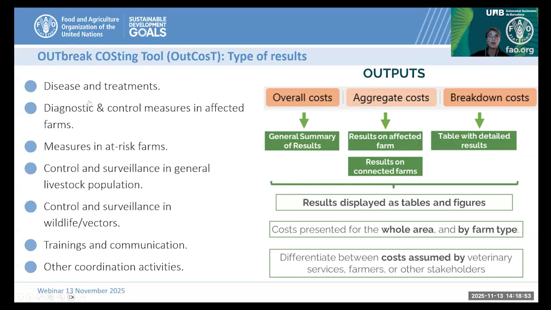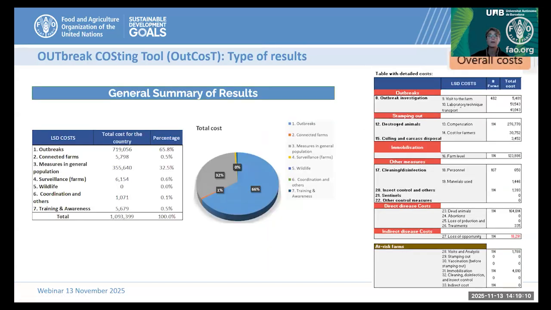The results are also aggregated in thematic blocks: the direct impact of disease, including treatment, diagnostics, and other measures in the affected farm, and so on, following the same logical structure of the introduction of data.